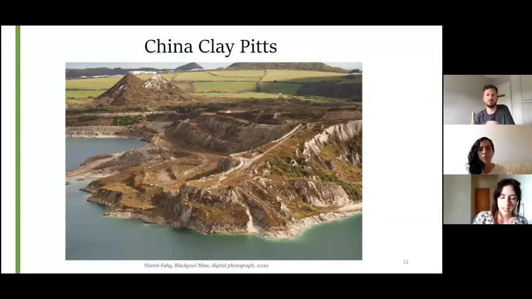So we know that extraction and mining are key concerns within the debate around the Anthropocene. And my research actually began in the China clay pits in Cornwall. The reason for this was Cadena and Blaser's description of the destructive activities of extractivism. They describe anthropogenic practices as the removal of mountains in a time-sufficient search for minerals.